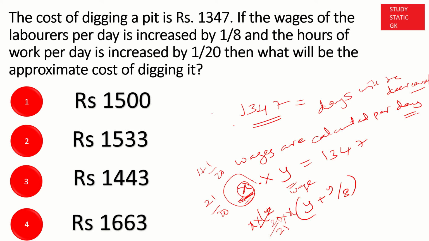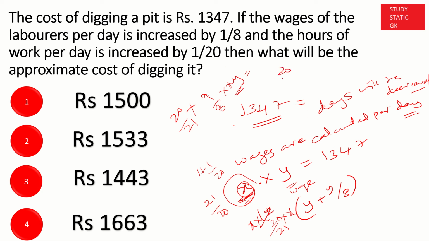So here, if you come upside, 20 by 21 into 9 by 8 into XY is equal to the approximate cost. XY is nothing but 1347 again, right?